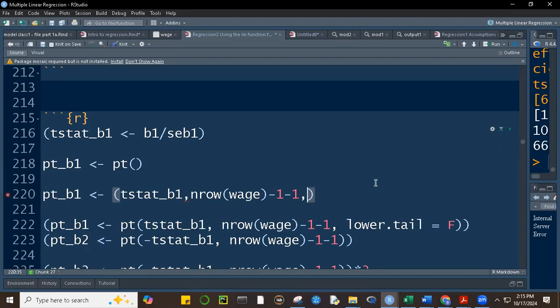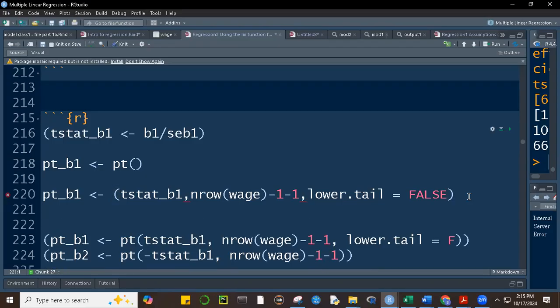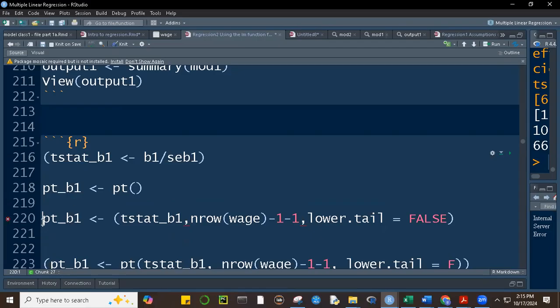And then we have lower.tail, class. 10.167, which is our T-stat, is on the right side. It's not on the lower tail, so I'll have to put here FALSE. Could you kindly check that, class, please? Or if you want the lower.tail to be TRUE, then you should be putting this one, class.